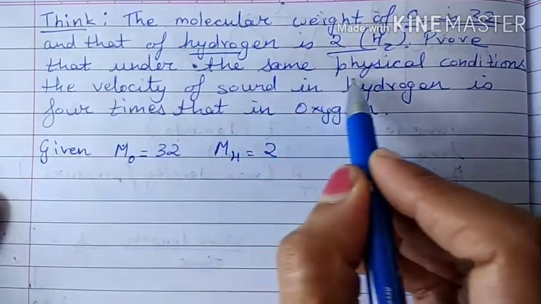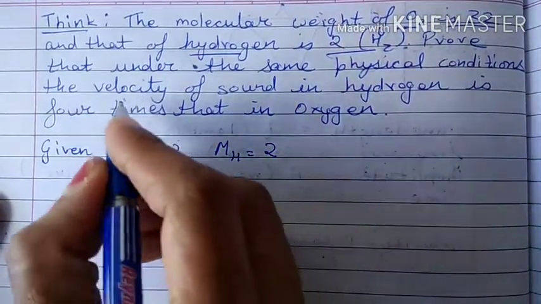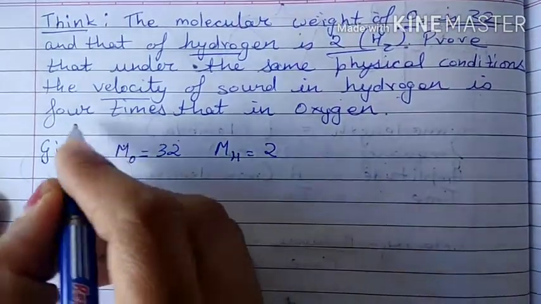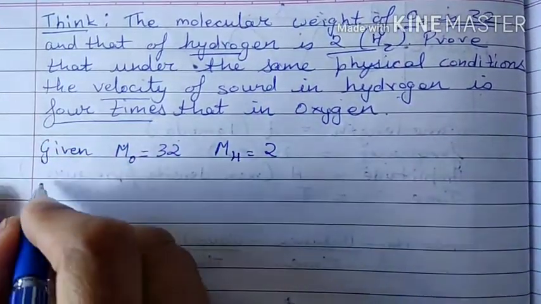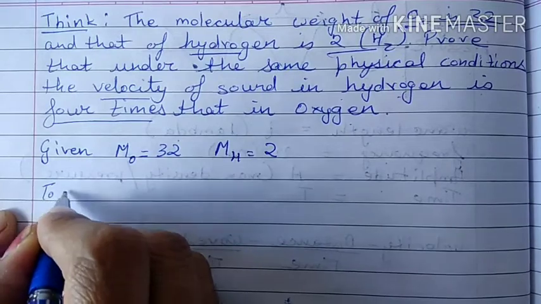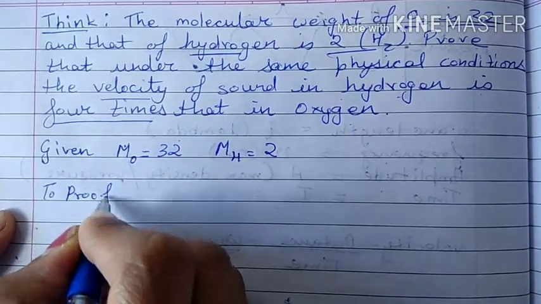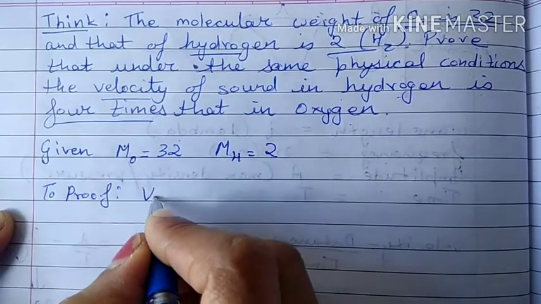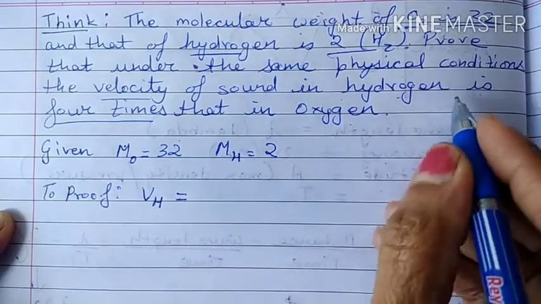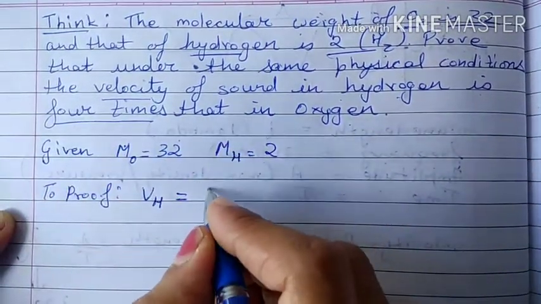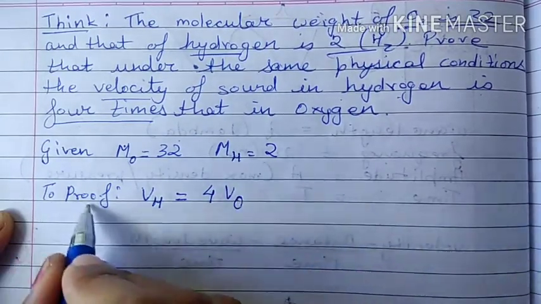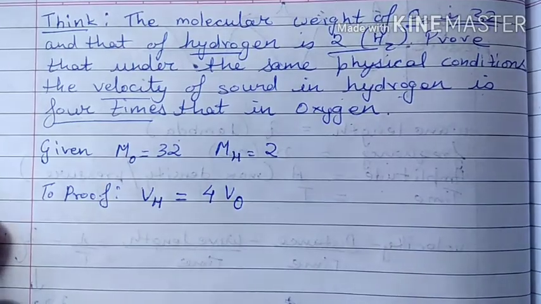Prove that under the same physical condition, the velocity of sound in hydrogen is 4 times that in oxygen. So let's write what is to prove. So velocity of hydrogen, so that will be VH. Let's assume that VH is equal to 4 times the velocity in oxygen, that is VO. So this is what you have to prove.